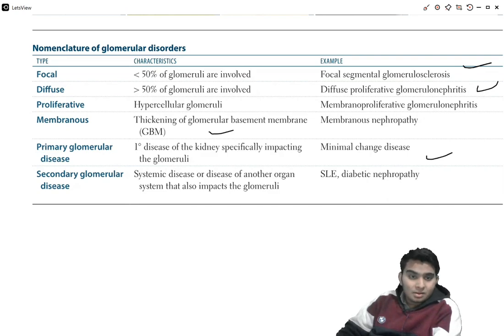Secondary glomerular disease means a systemic disease or disease of another organ system that also impacts the glomeruli. SLE and diabetic nephropathy are examples.